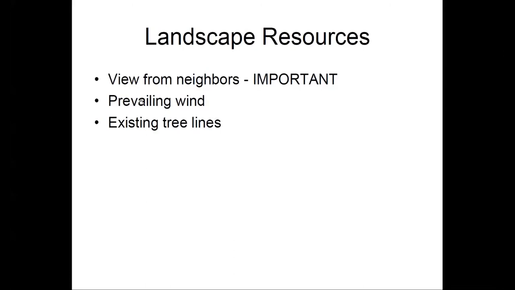You've got to know where the prevailing winds are coming from. That's a lot of your odor issues, is where your prevailing winds are from. If you can site stuff so that it's not blowing for the bulk of the time into your neighbor's yards, that's a wonderful thing.